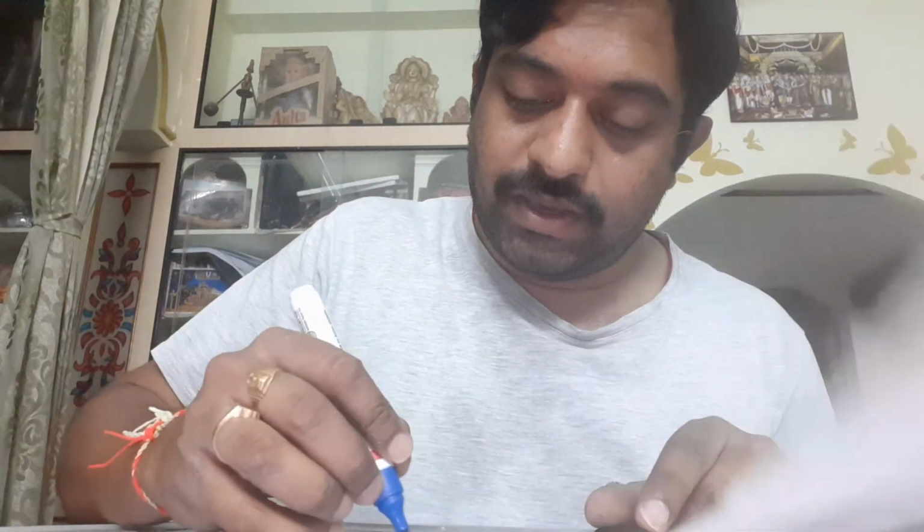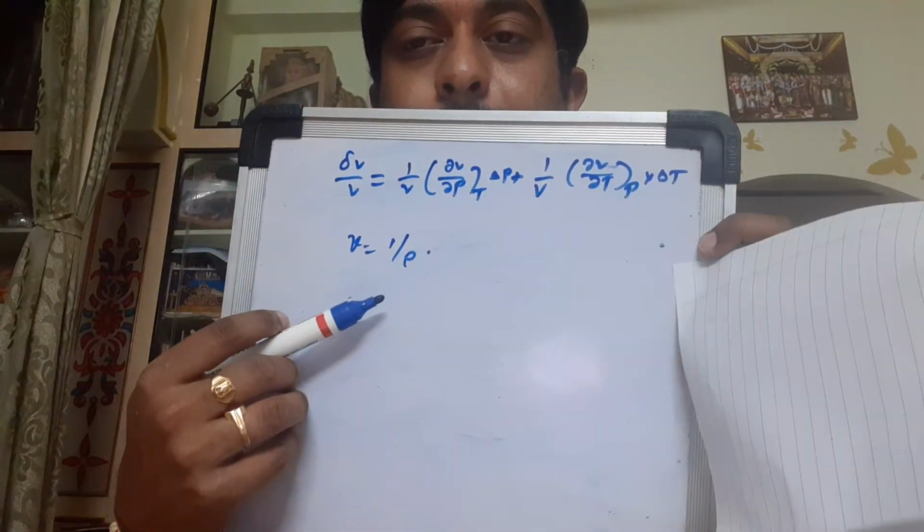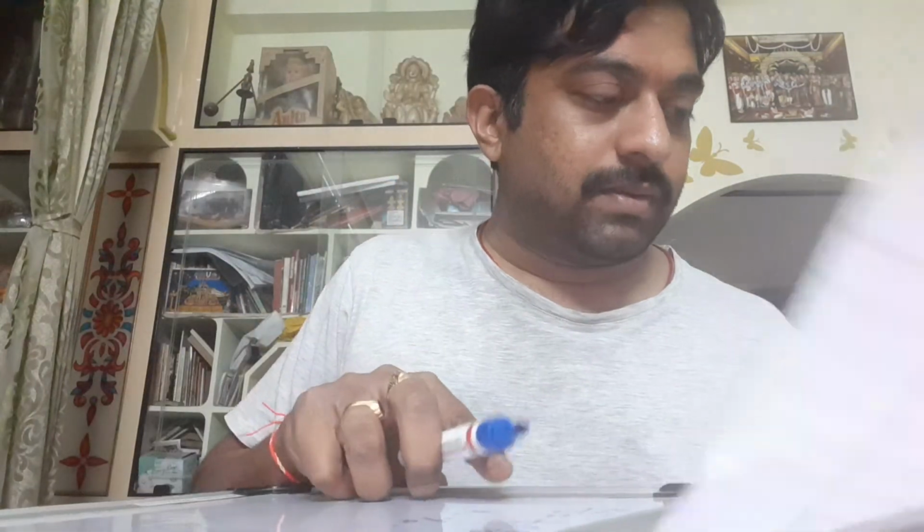Okay. So here again V is equal to 1 by rho. Because density is required, I am taking into consideration V is equal to 1 by rho.